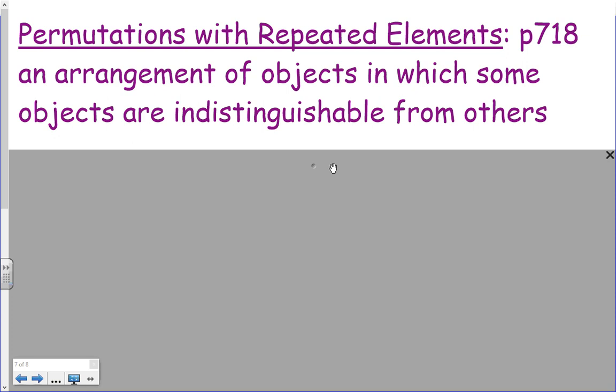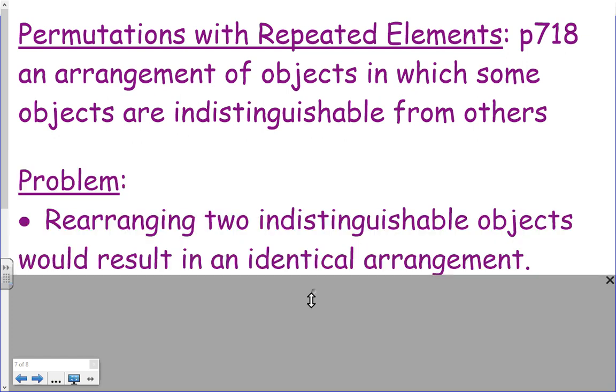I step out for a minute and I come back in, and maybe they've switched seats, but since they're identical twins, I can't tell that things have been rearranged in here. That's what we're talking about, repeated permutations. You can't tell the difference between one arrangement versus another, so how can you count them differently? That's the issue that we're going to run into here. In fact, that's the problem that we're describing here.